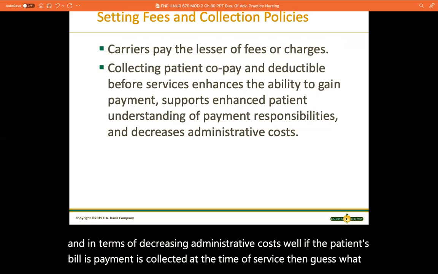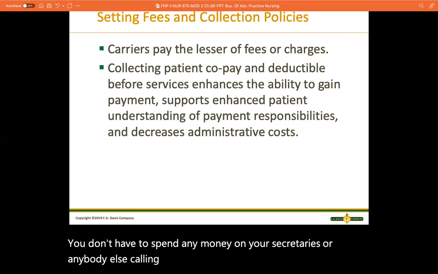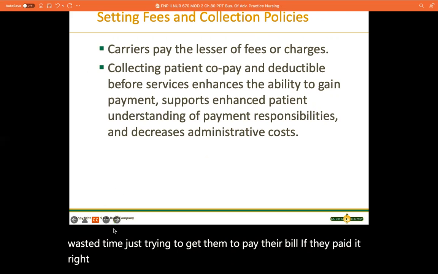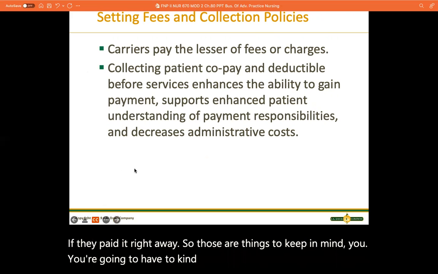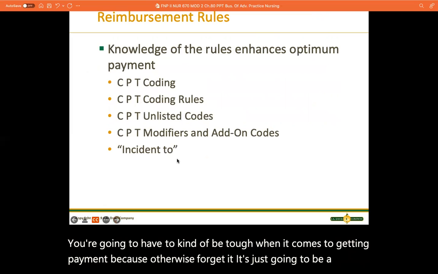You don't have to spend any money on your secretaries or anybody else calling and hounding this patient and wasting time just trying to get them to pay their bill if they paid it right away. So those are things to keep in mind. You're going to have to be tough when it comes to getting payment, because otherwise, forget it. It's just going to be a never-ending issue.